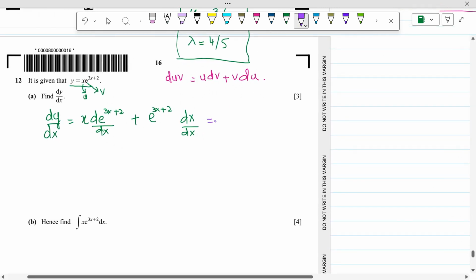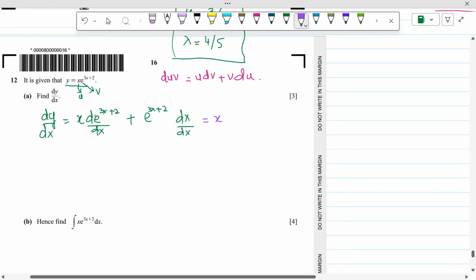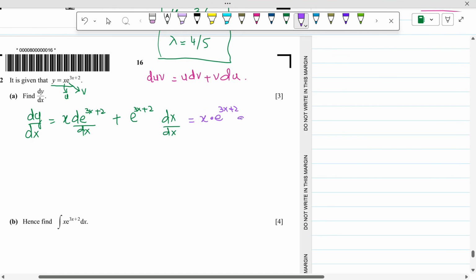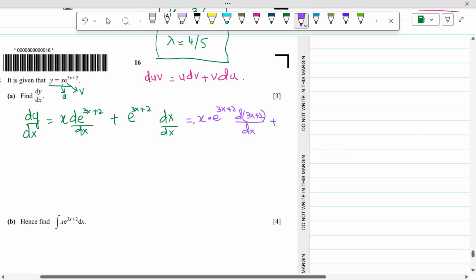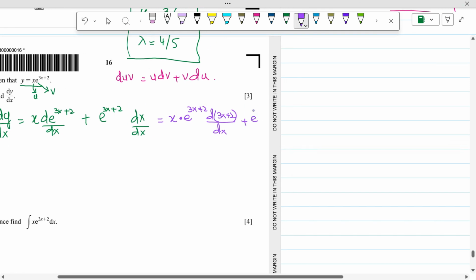For solving, we will have x, the derivative of the exponential term always remains the same, so it will be exponential of 3x plus 2, and the derivative of the power, which is the derivative of 3x plus 2, plus the exponential term, which is exponential of 3x plus 2, and the derivative of x is 1.